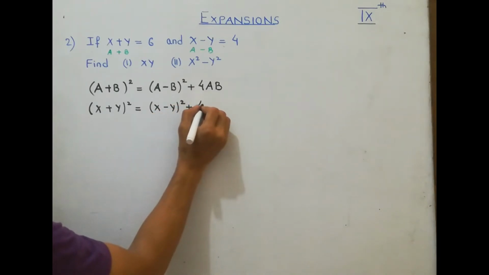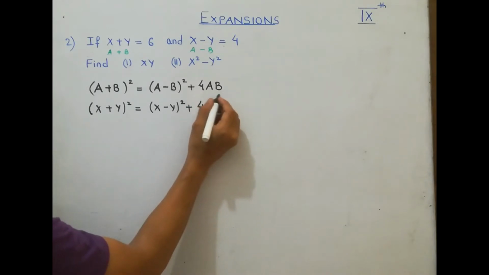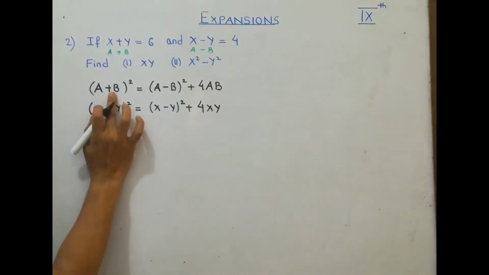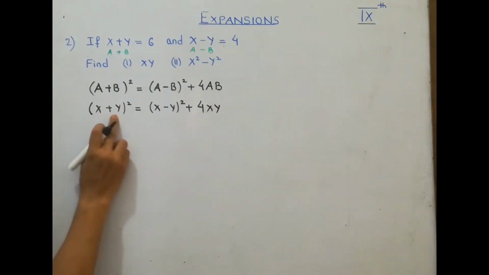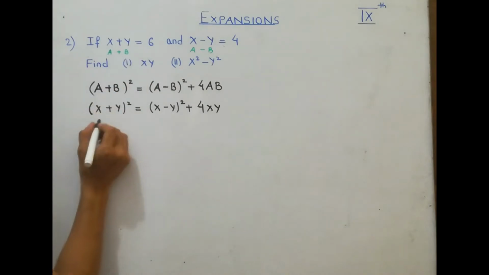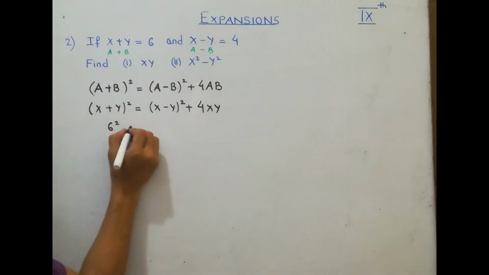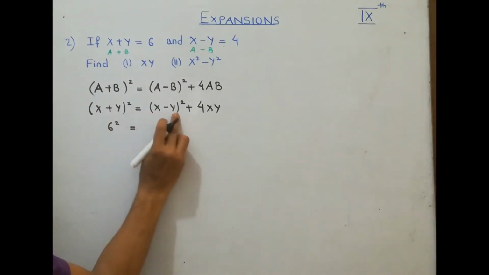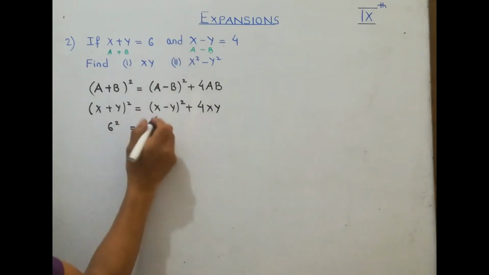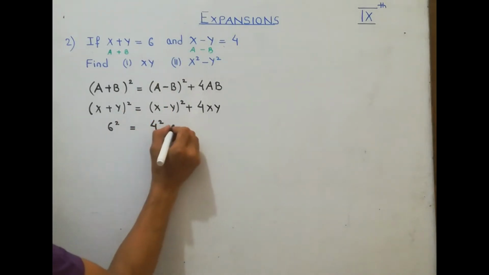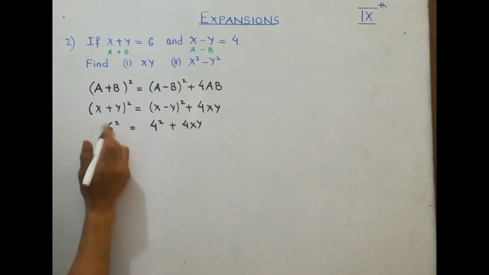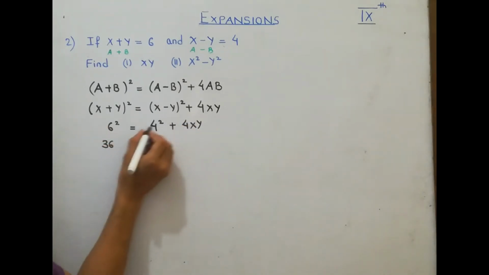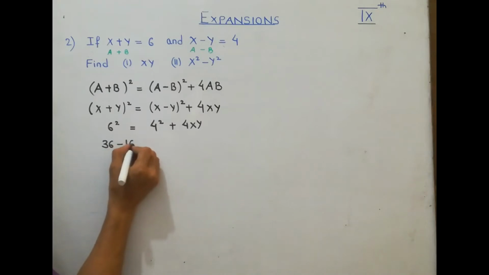And then we have 4 times AB, that is x, y, because A is x, B is y. So it will be 4xy. Now x plus y is known to us, 6. x minus y, that is also known to us, 4 square. So this will give you 36, this will become 16.